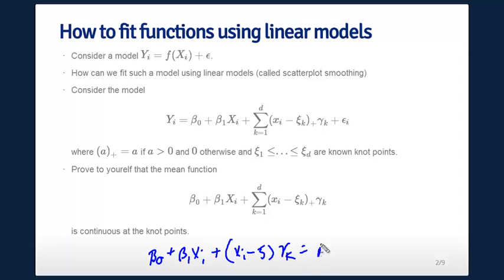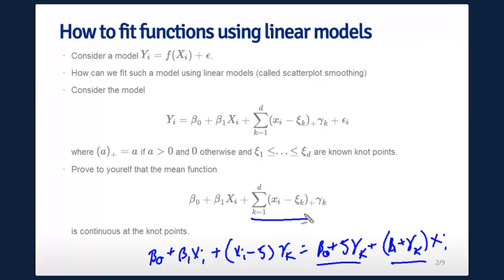And this is going to be equal to beta naught plus 5 gamma k plus beta 1 plus gamma k, times x_i. So it's just another line, but with a new intercept and a new slope. And then if you have a sum of these things, it's just a new intercept and a new slope every time it approaches a new knot point.